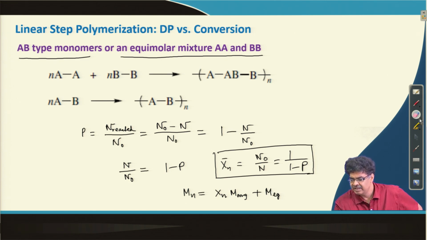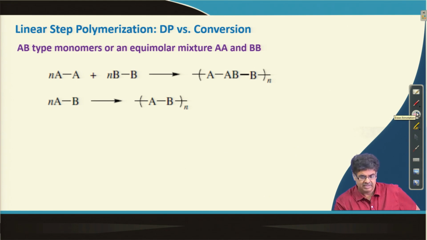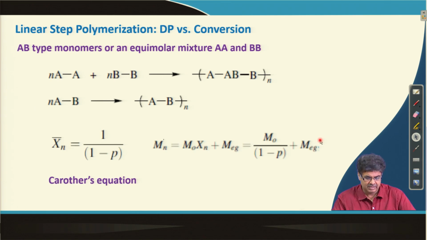So, Xn, the average degree of polymerization, is given by 1 by 1 minus p, where p is the conversion, and this is called the Carothers equation, developed by Carothers.